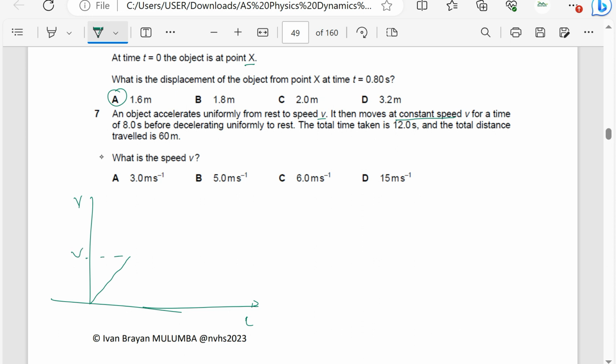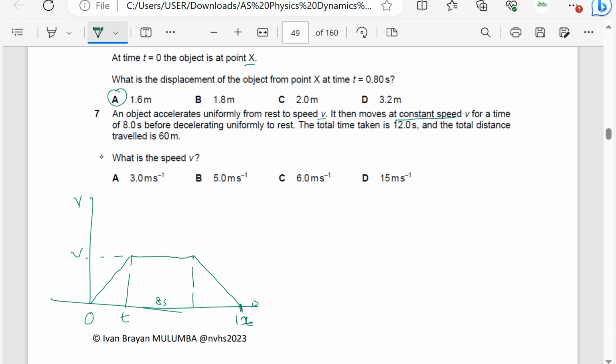It then moves at a constant velocity v for a time of 8 seconds. So let this be t, then this is going to be 8 seconds, before decelerating uniformly to rest. So the velocity decreases to rest. Total time is 12 seconds. So here it reaches rest in 12 seconds.